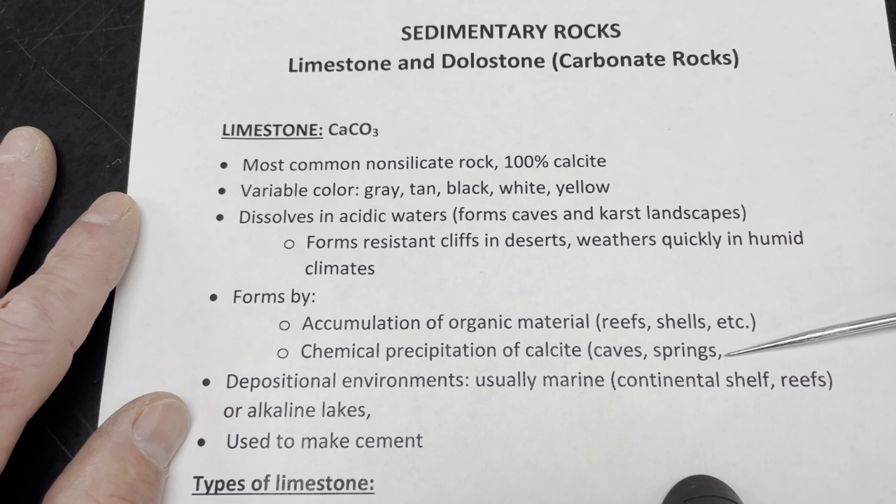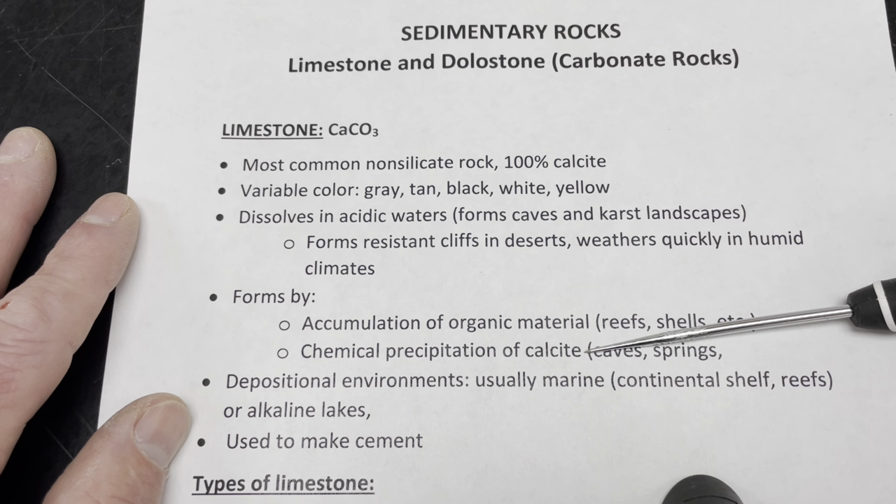The other way we might see limestone forming is if we have calcite that's already there that gets dissolved with water, and then later in some favorable situation, it gets precipitated out of solution. In other words, it goes from being dissolved in the liquid to forming a solid residue at the surface.